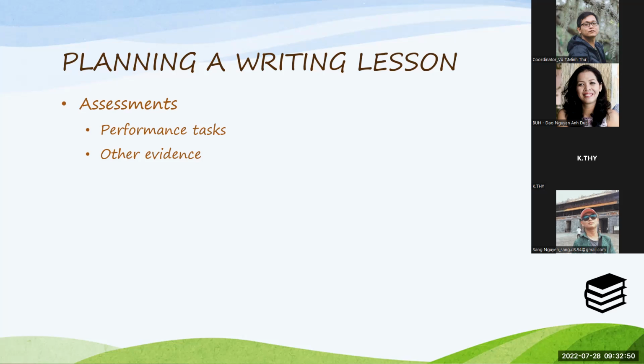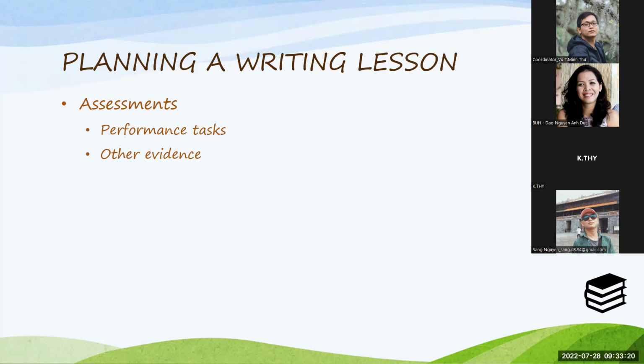Besides, we can have other evidence. We can have something like homework. We can ask students to complete a quiz. But when they complete a quiz, we just look at their ABCD answers, but we don't see their use of language in action. It is the other kind of evidence to show that they have attained a certain level of learning, of achievement.